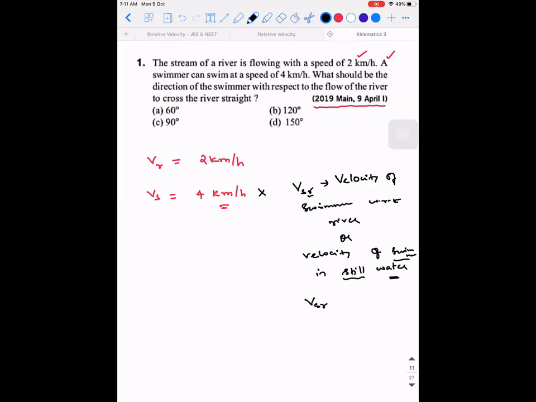If I write VSR, if I apply the basic formula of relative velocity, velocity of A with respect to B, what does it mean? It is velocity of A minus velocity of B. Accepted? So velocity of swimmer with respect to river is velocity of swimmer minus the velocity of river. I've applied the basic formula. But I'm saying, what is the name I'm giving to VSR? I'm saying it is still the velocity of swimmer, but in what kind of water? In still water.